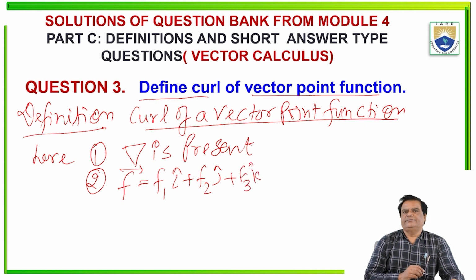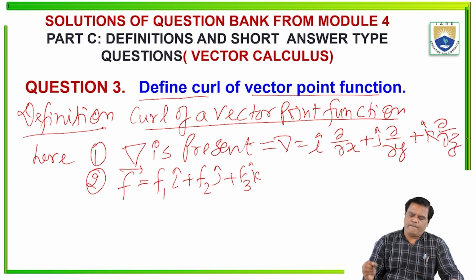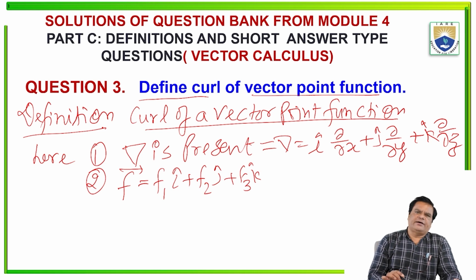This is present. Del equals i ∂/∂x plus j ∂/∂y plus k ∂/∂z. This is del, and this is f vector.